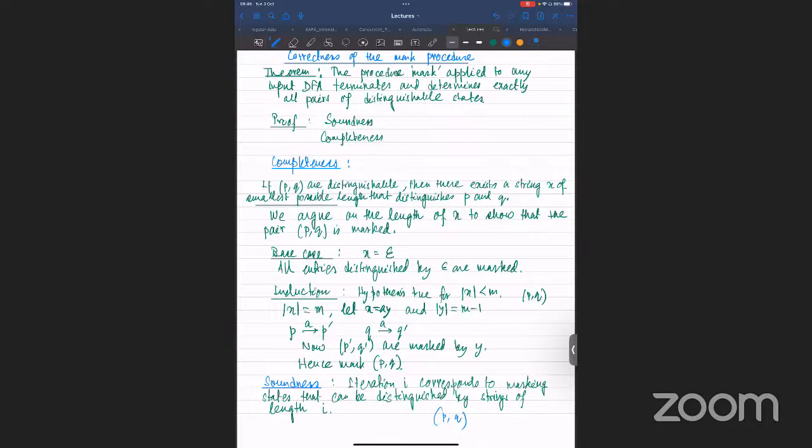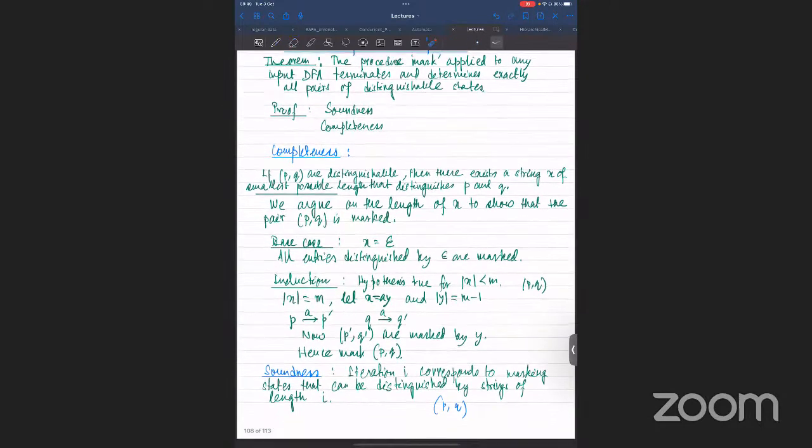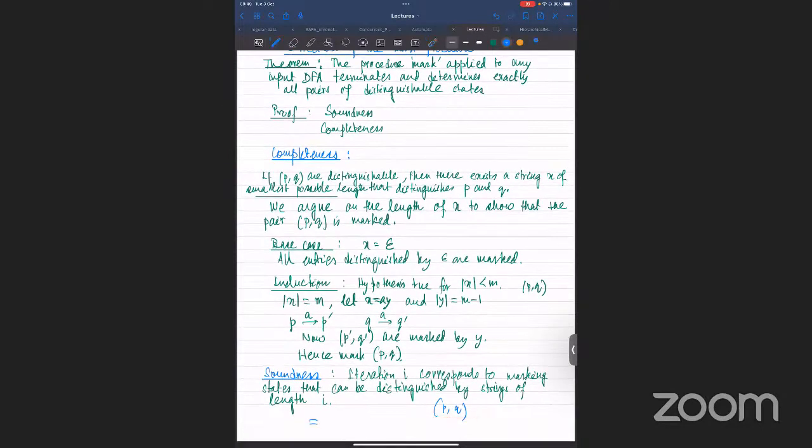And then in the soundness proof, what we would need to show is that in iteration I, it would mark all those pairs of states which can be distinguished by strings of length I. So if in iteration I you are indeed marking a pair of states p comma q, then there exists a string x such that the length of x is I and p and q are distinguished by x.